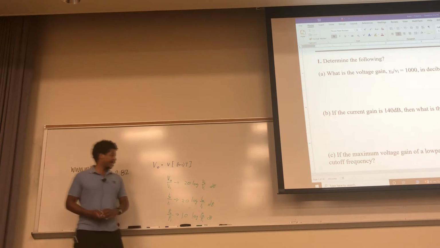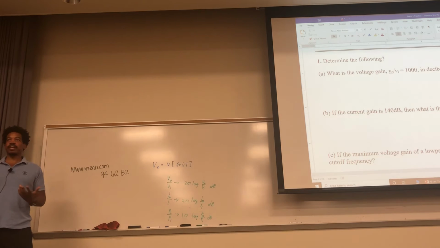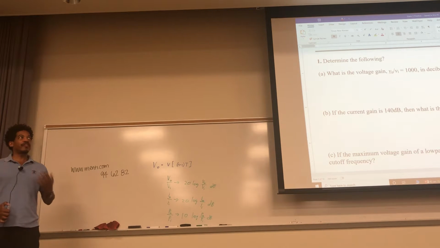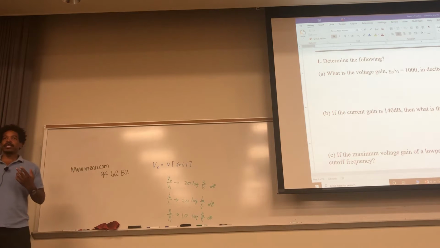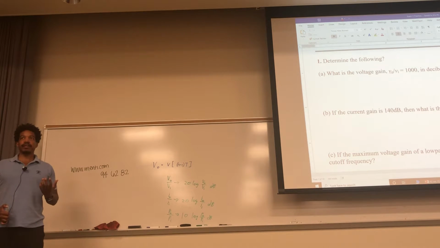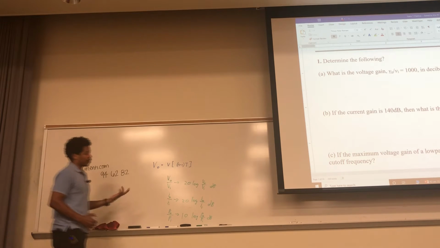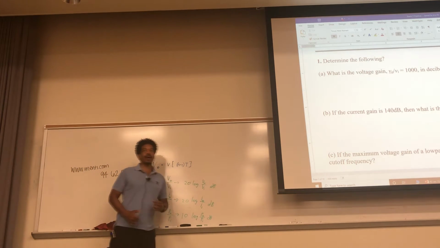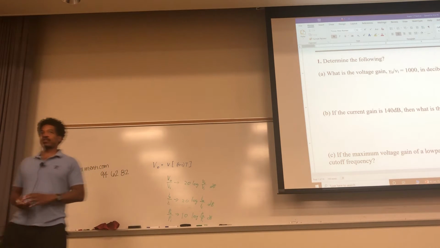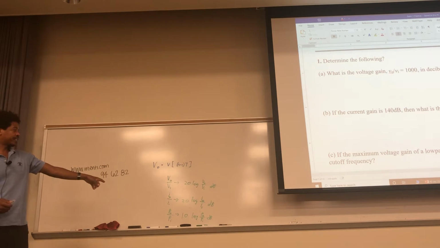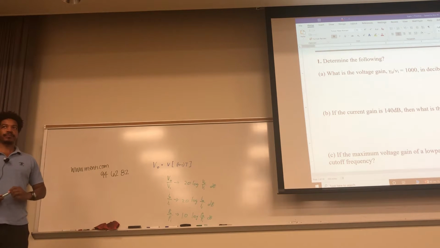This is just in general for any kind of signal. When you think about it in terms of power, it's like a signal that you're squaring, right? Even though unit-wise it may not be in terms of watts, it's still like a squared signal, and that's why you have the 10 out in front instead of 20.